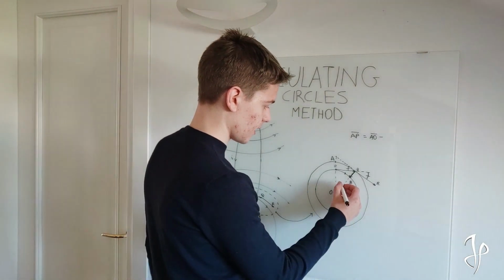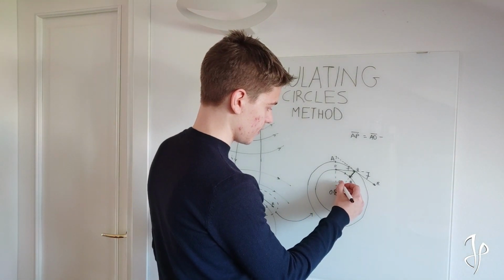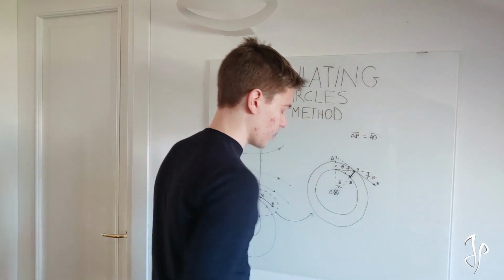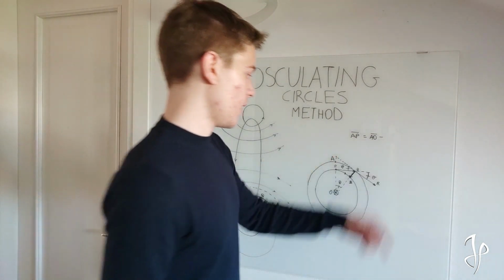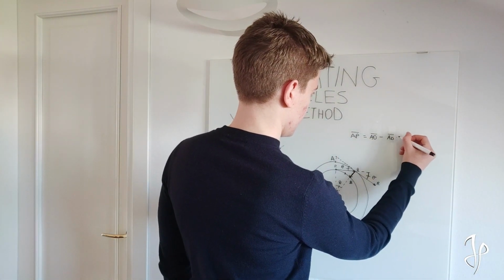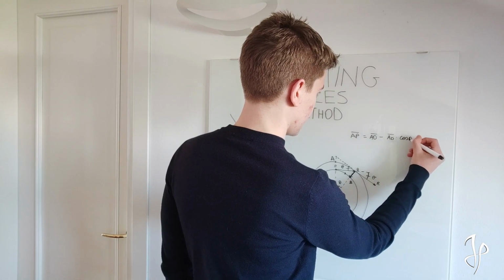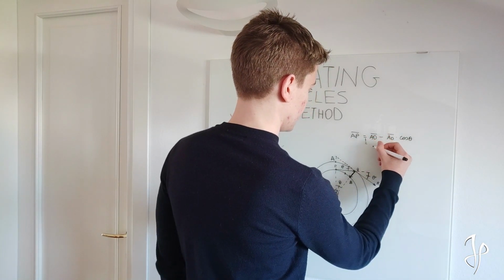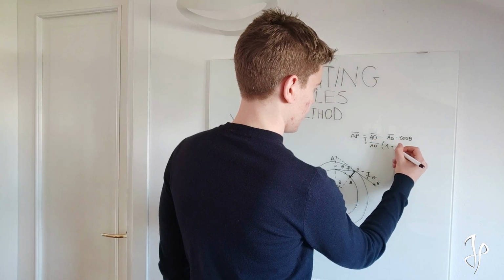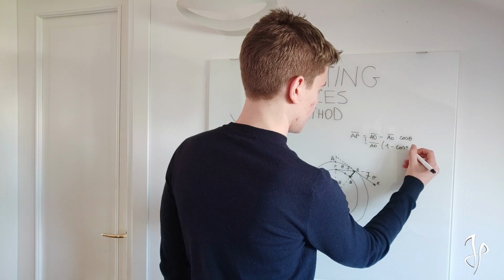So let's call this angle theta, which is also this one and also this one, thanks to trigonometry. So we have AO minus AO times cos theta, which is equal to AO times 1 minus cosine theta.